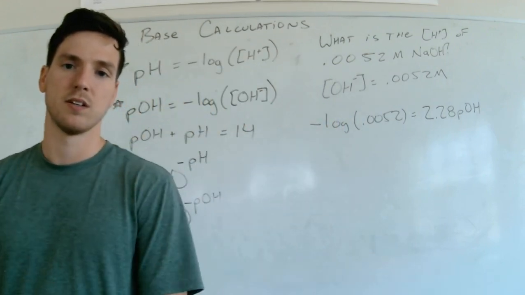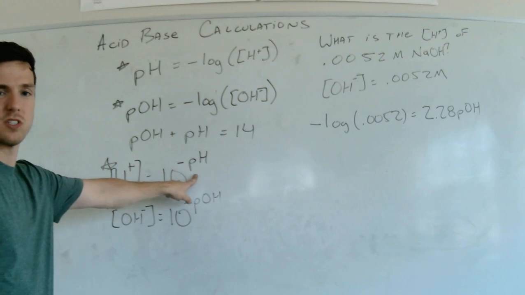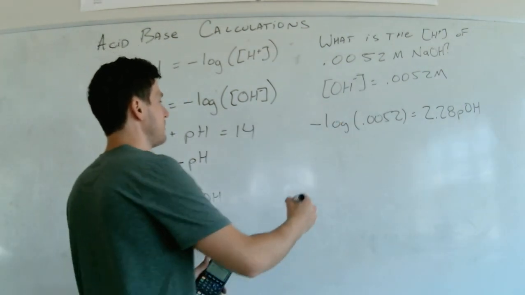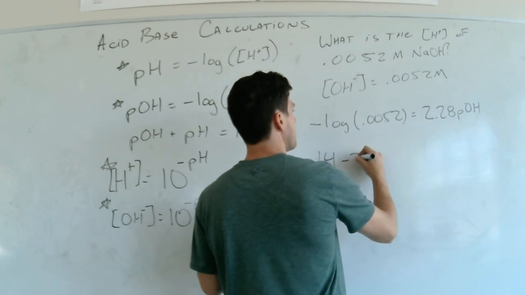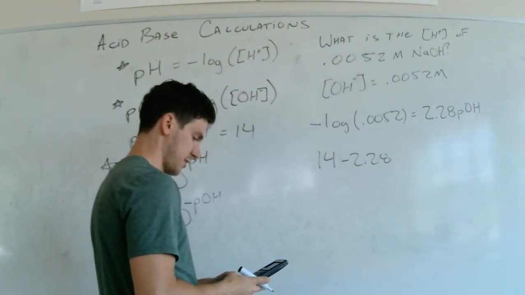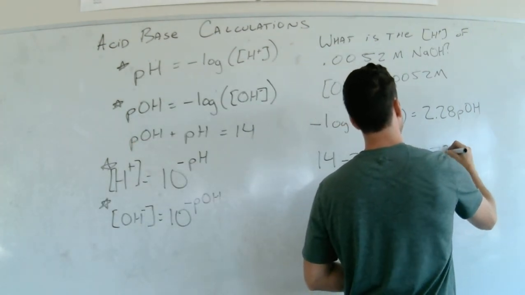Okay? But remember, my end goal is H+, and I need pH. But I only have pOH. Well, good news is that if we take 14 minus our pOH, it gives us a pH of 11.72.